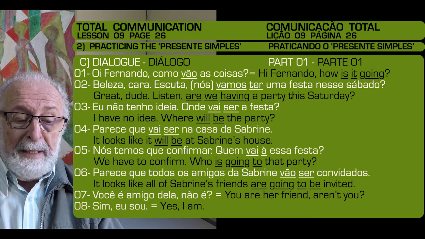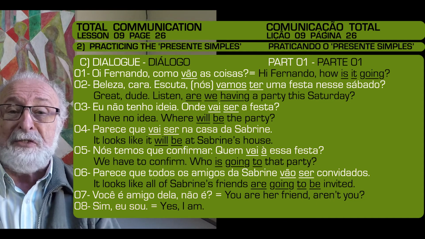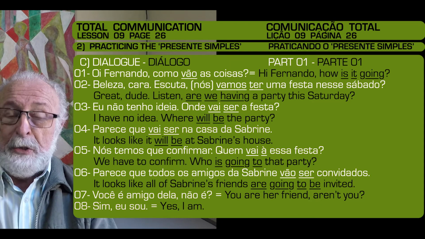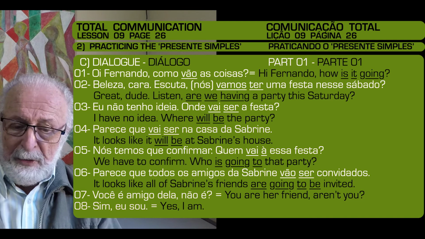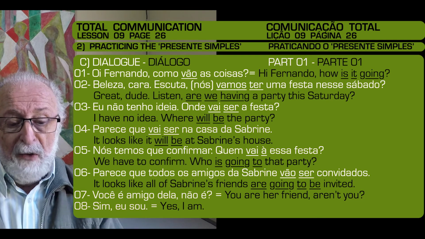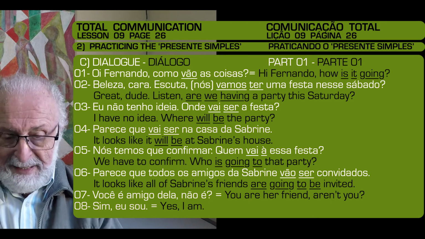Literally it should be, it looks like all the friends of Sabrine. We say that in Portuguese, all the friends of Sabrine. We don't have that construction, Sabrine's friends, okay? It looks like all of Sabrine's friends are going to be invited.